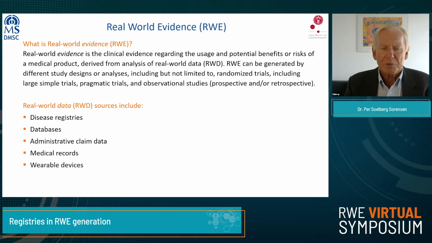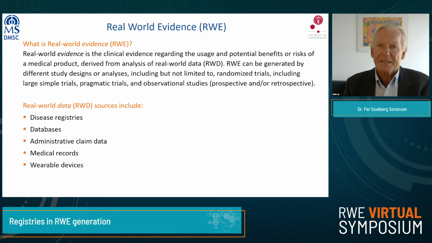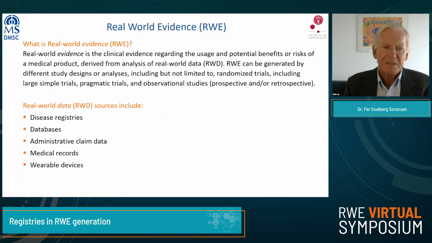So how do we get real-world data? The main sources are data registers and databases, but also administrative claim data and medical records are used, and recently also wearable devices can produce data.